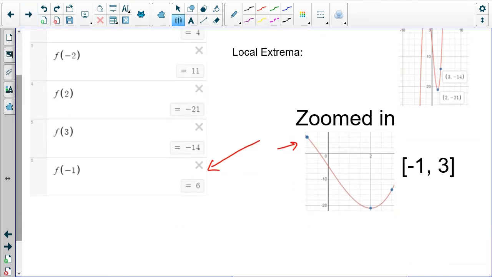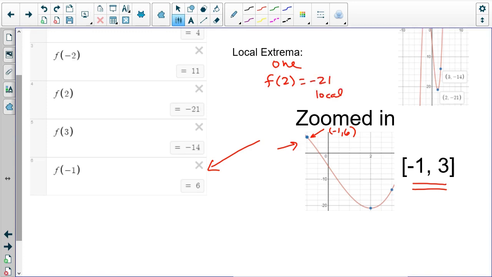My graph has this -1, 6 going on as the highest value that I actually get. So I'm down to one local min or max in my interval, and that's at f of 2 equals -21.